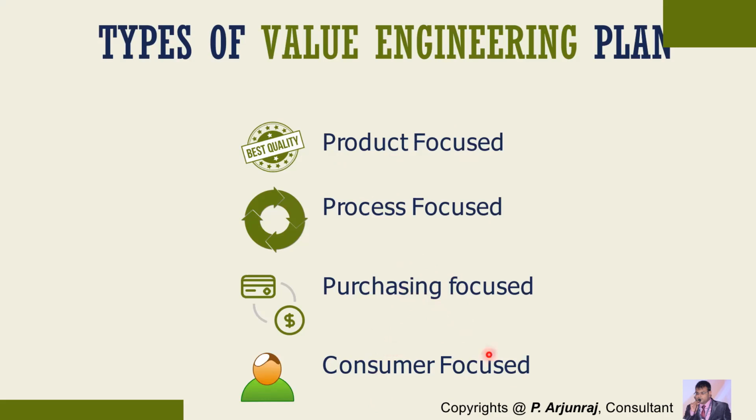It can also be consumer focused. So which one is the company going to deal with? Some companies will be related to product or process or service, or to sourcing or purchase, or consumer related aspects. So you have to identify which one will be relevant to your job or to your company, and you have to do it.